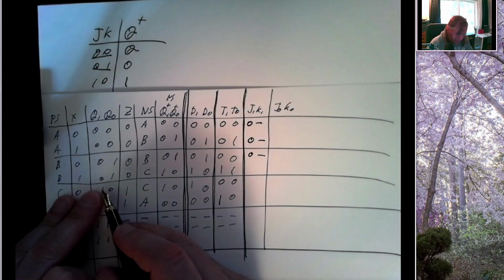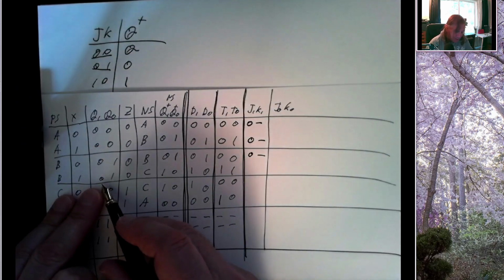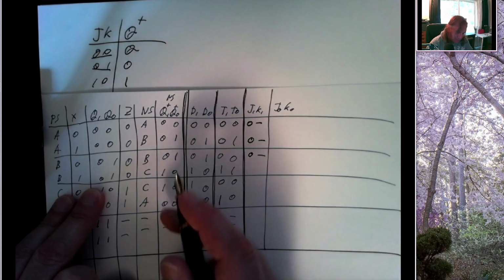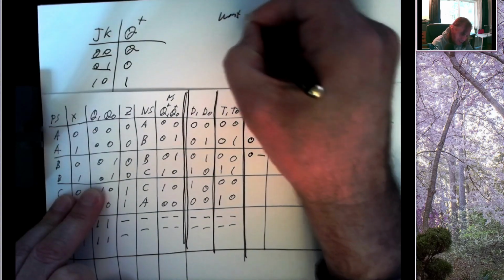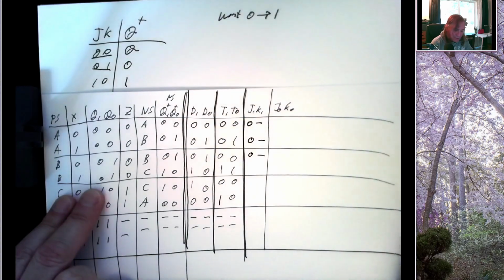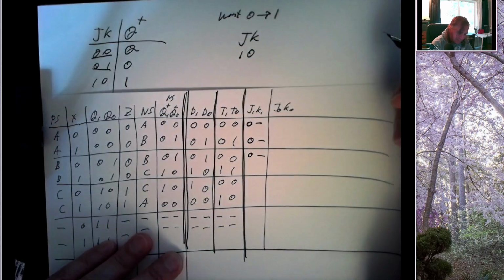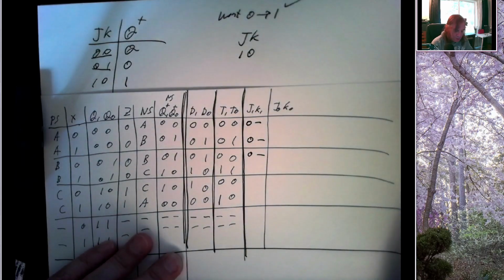But in this fourth row, the flip-flop's currently outputting a 0, we want it to output a 1. So we want that 0 to change to a 1. Well, there's two ways to do that. One way is to set JK equal to 1, 0, because that says set the output to 1.